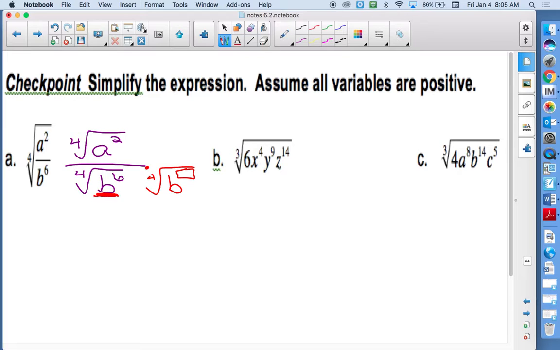So if we multiply that by b squared, the reason we're picking a 2 is because when you add the exponents of the b's, 6 plus 2 gives us 8. So now we have the 4th root of b to the 8th. On the top, we have a squared, we have b squared.